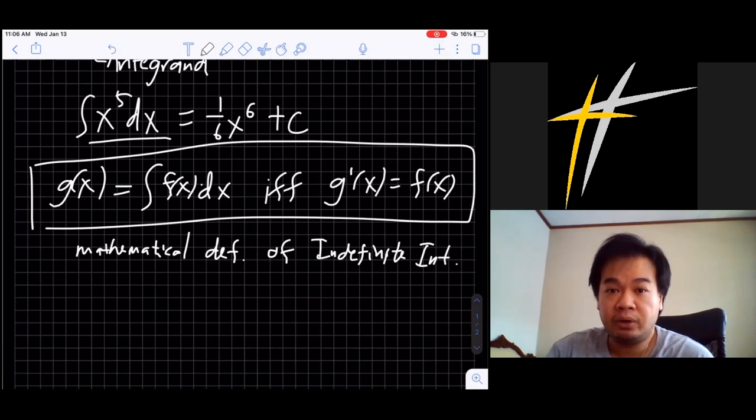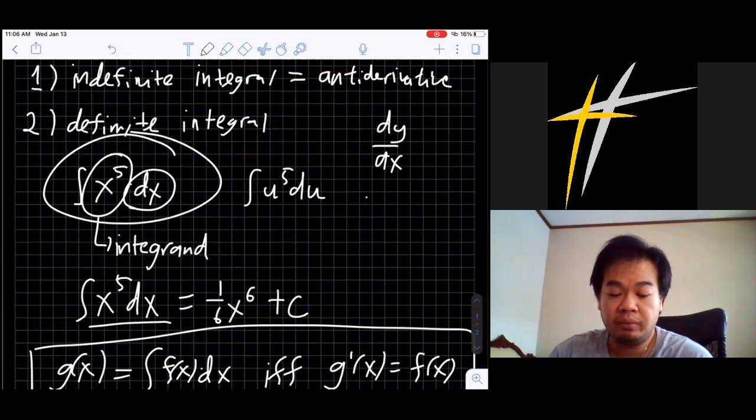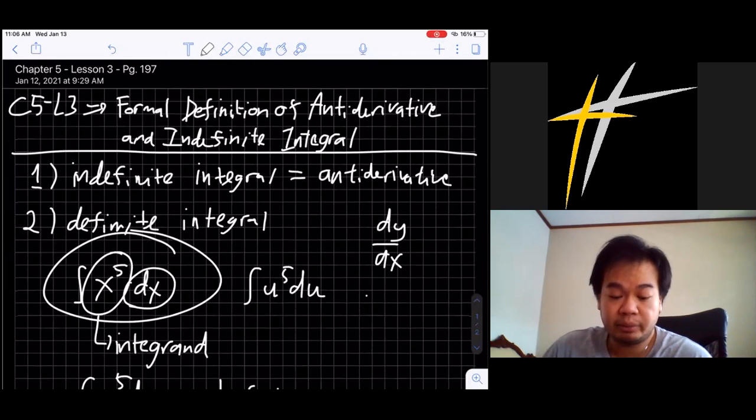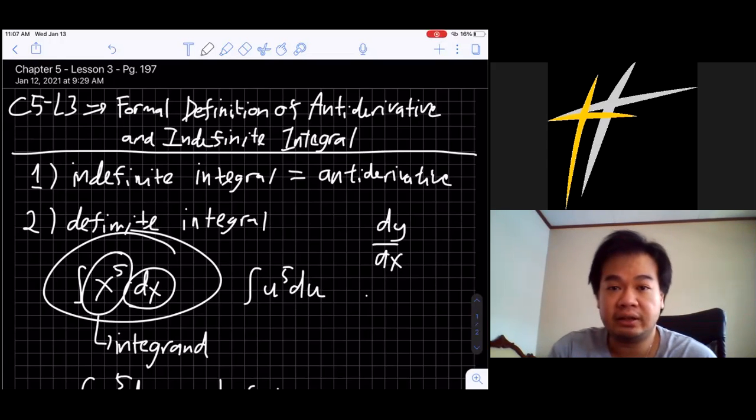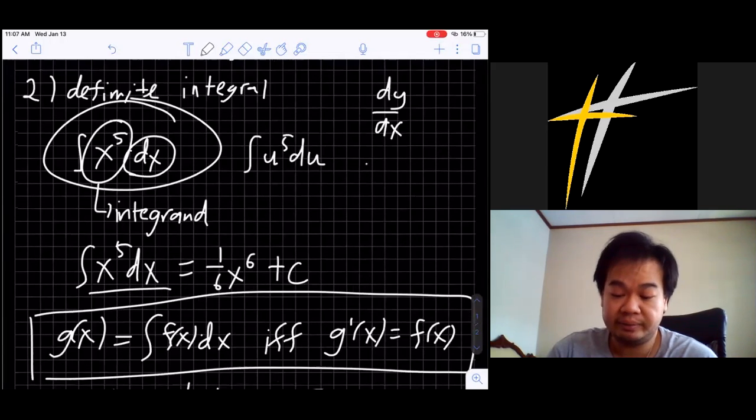And today I want to continue on the same lesson, chapter 5, lesson 3. But now we're going to learn about the properties that are applicable when we want to integrate an indefinite integral. Okay, so now open your book, page 198.